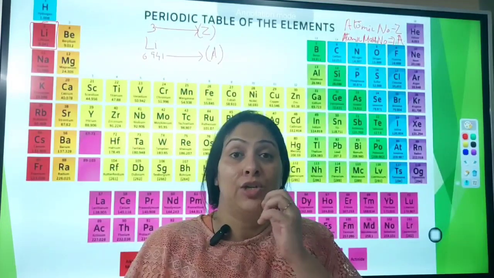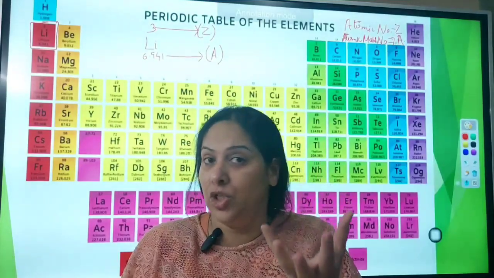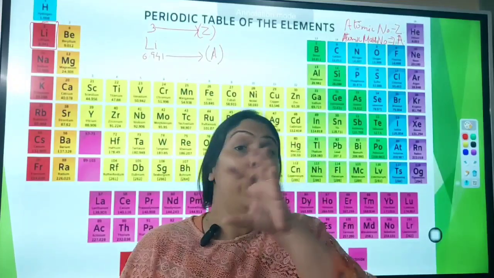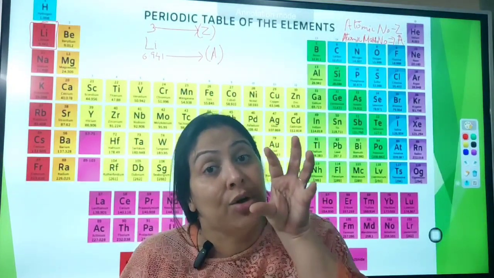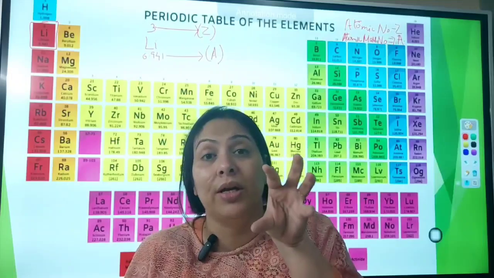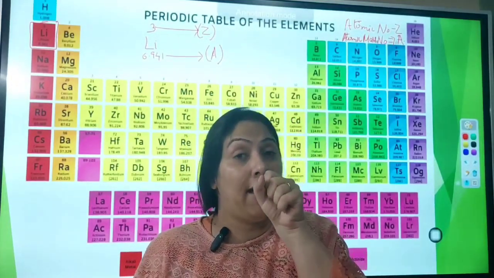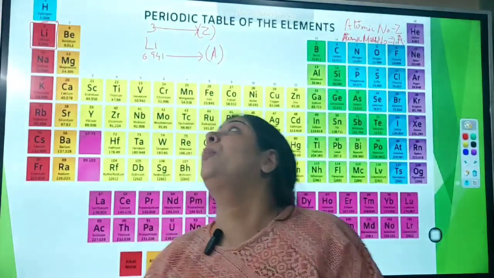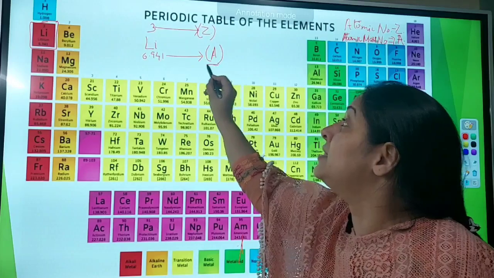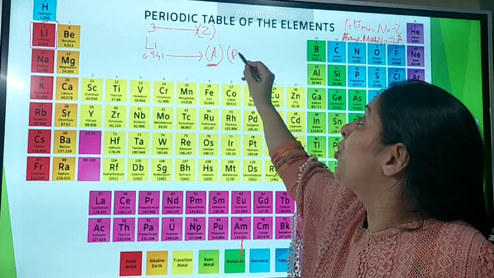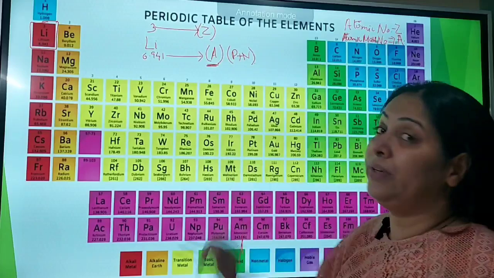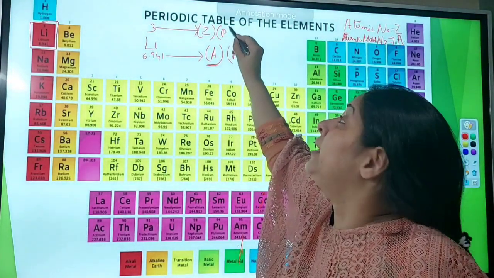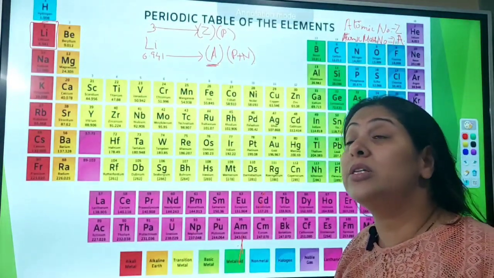So we just discussed electrons have negligible mass. So the entire mass is in the center of the atom, in the nucleus. What does the nucleus have? It has protons and neutrons. So if I'm talking about atomic mass number, that means I'm talking about protons and neutrons collectively. And Z, the atomic number, only tells me about the protons, the positively charged.